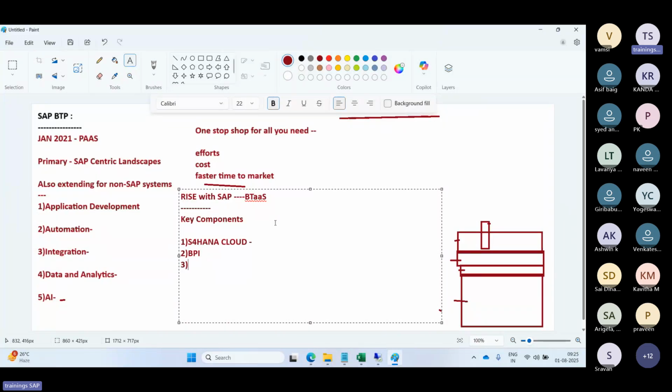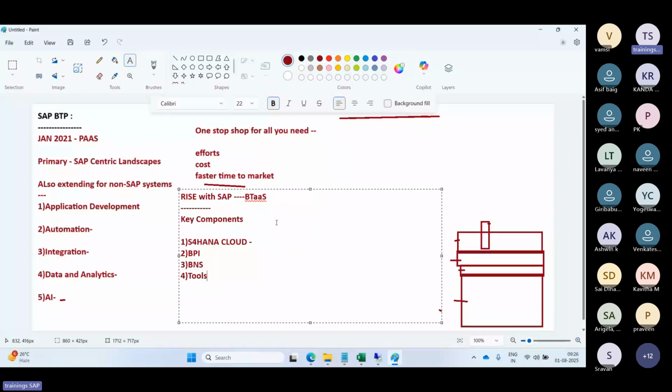The third key component is the business network and the starter pack, which they use for supply chain collaboration. The next one is SAP Build and other development tools; there are some tools they are providing for customers here.